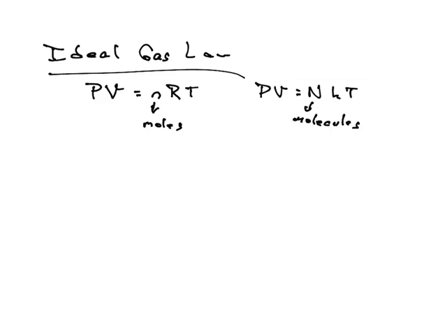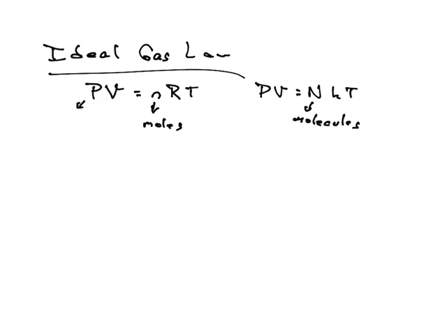If the problem tells you about the number of moles in this gas and you want to know the temperature, then you use nRT. If instead it says you have 5 times 10 to the 24 molecules of oxygen gas, then you would use nKT, where R is some constant, 8.314, and K is Boltzmann's constant, 1.3 times 10 to the minus 23, or something like that.